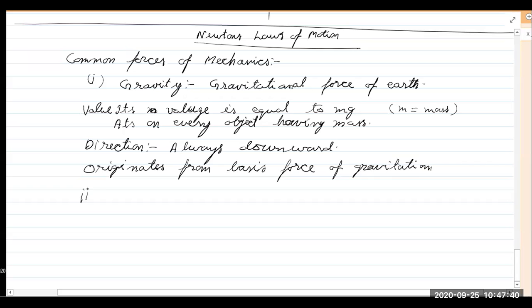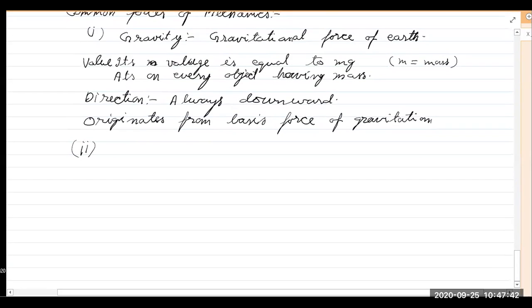Next, we are going to discuss the second force: tension. What is this force? Tension is a force appearing in a string, rope, or thread, those kinds of things.